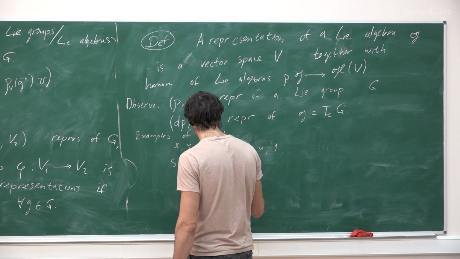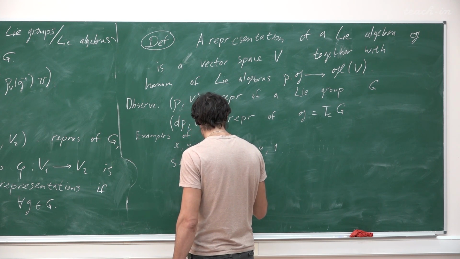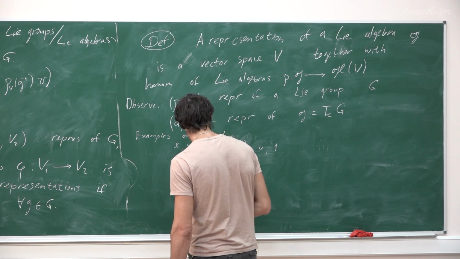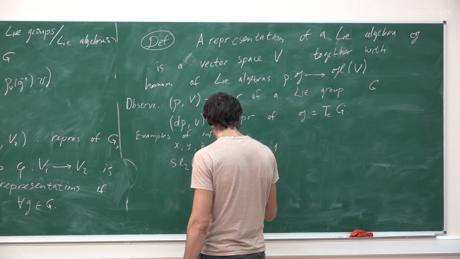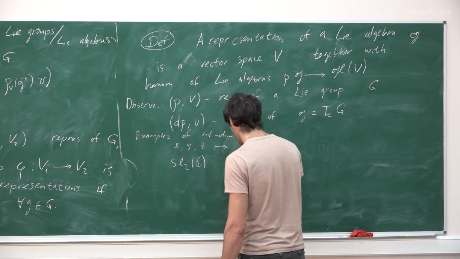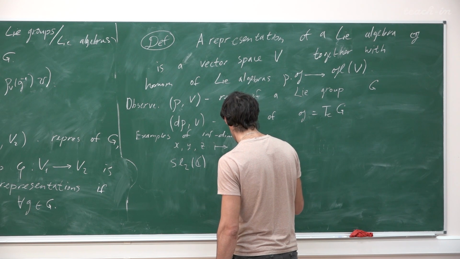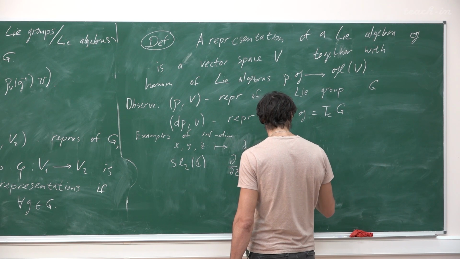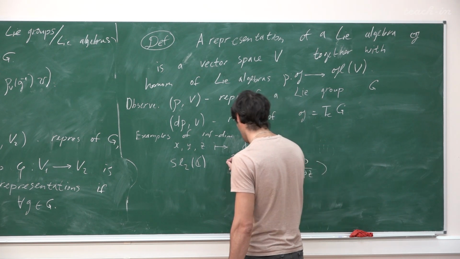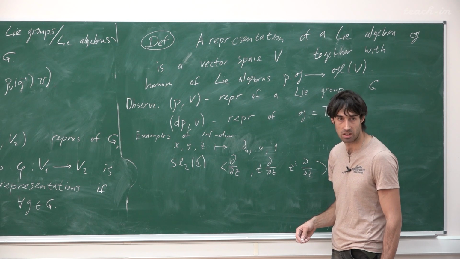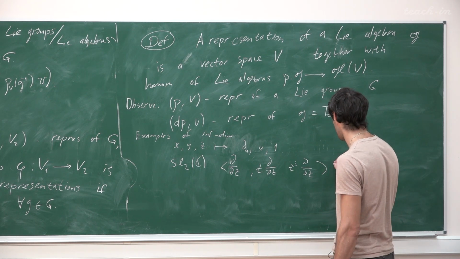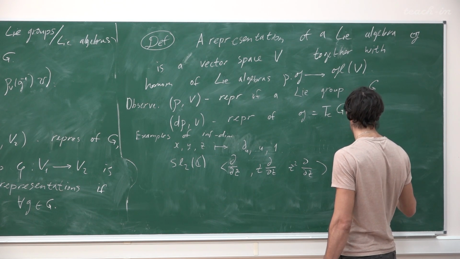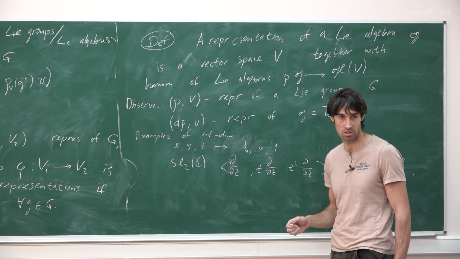But also SL2, for example. Remember, we had this: it goes to d over dz, z d over dz, z squared d over dz, in SL2C. We had this in the seminar. So the algebra is generated by these, and this acts again on polynomials in z, which is infinite dimensional.